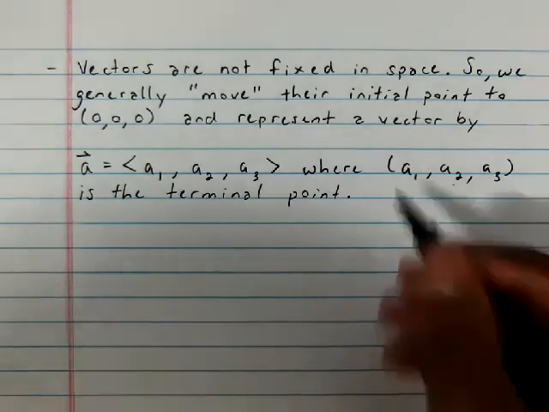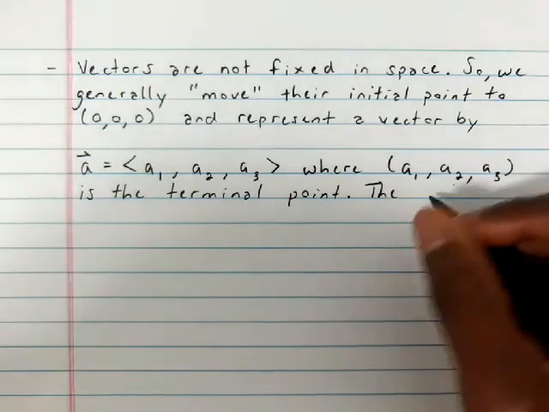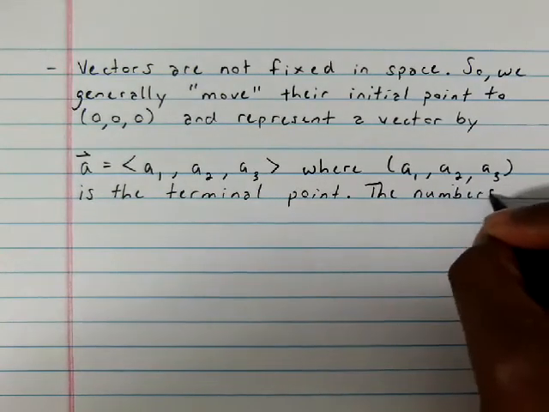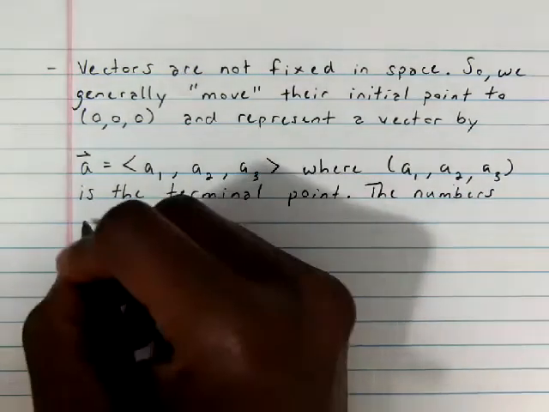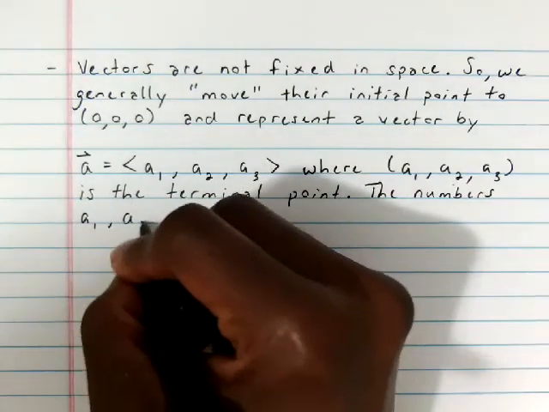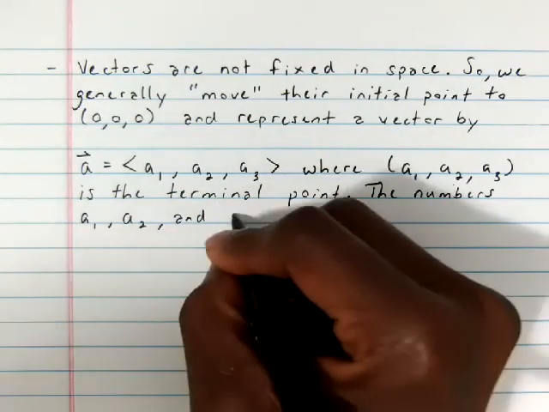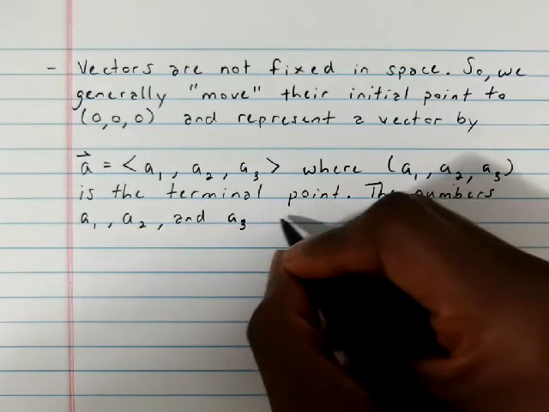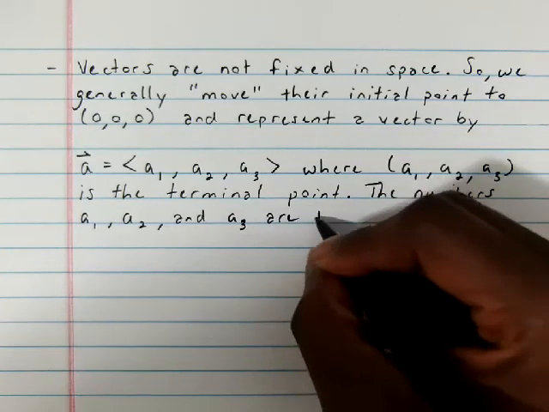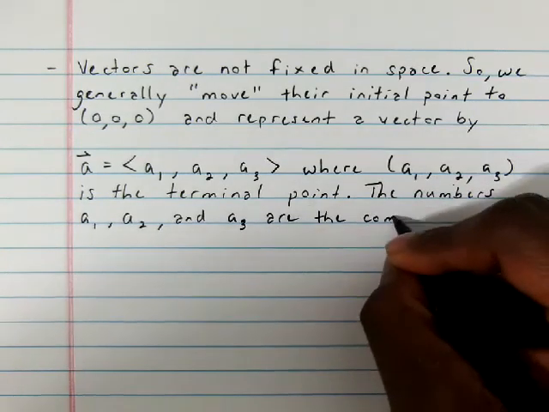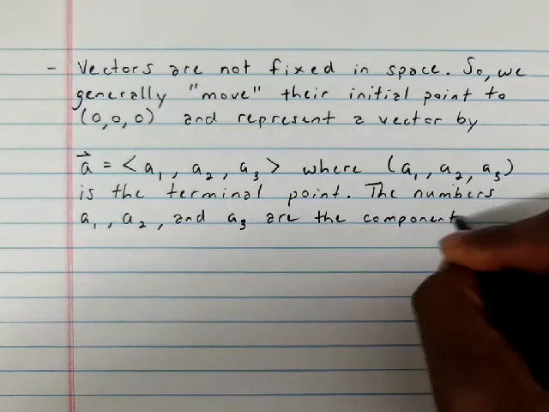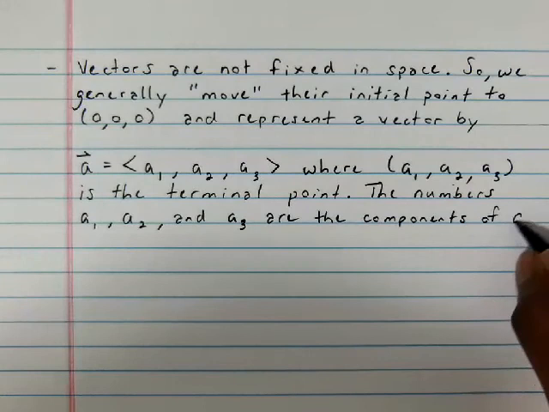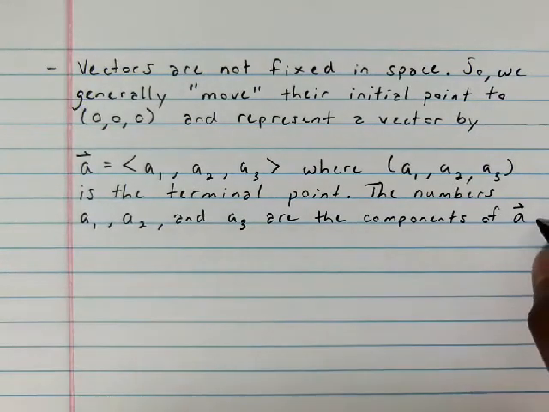So the numbers a1, a2, and a3 are the components of the vector a.